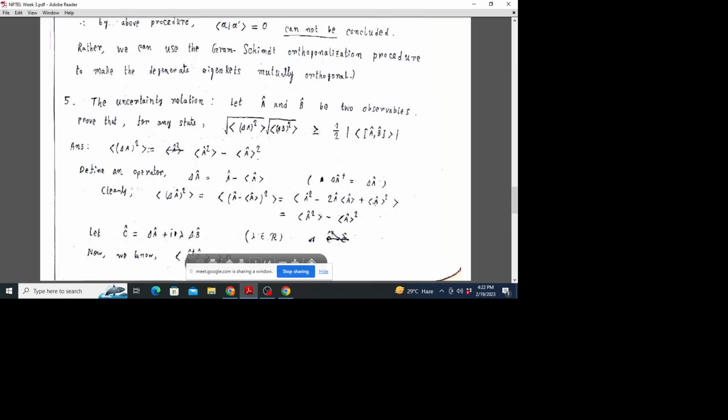Now the third term is just a number, so there is nothing to take an expectation value of, and this number will just come out. But this term will give -2 times this thing, and that is why we get this overall minus sign.